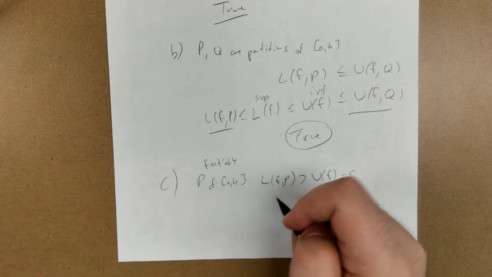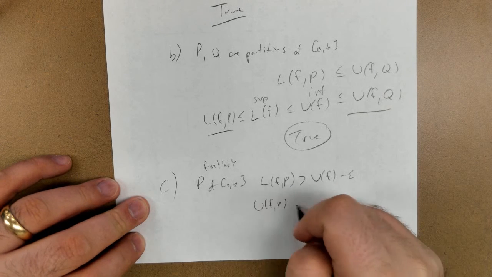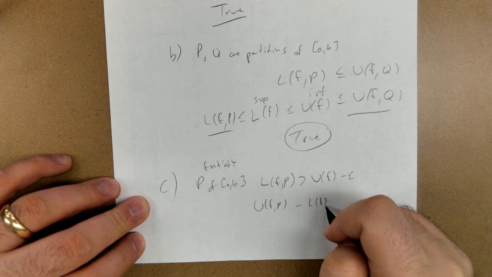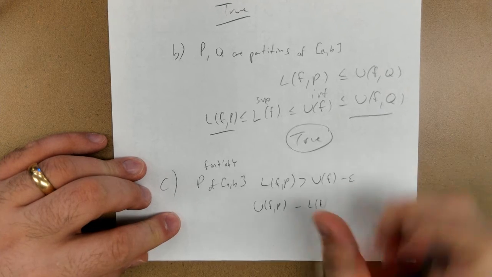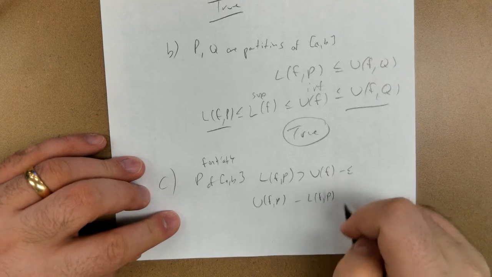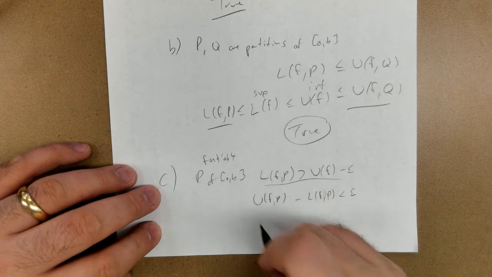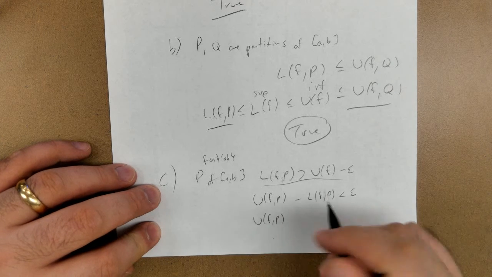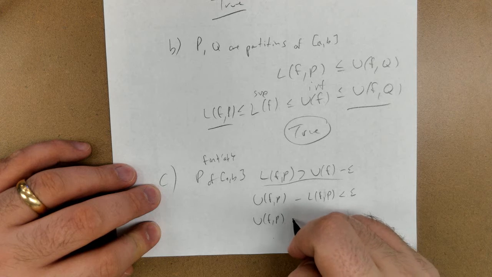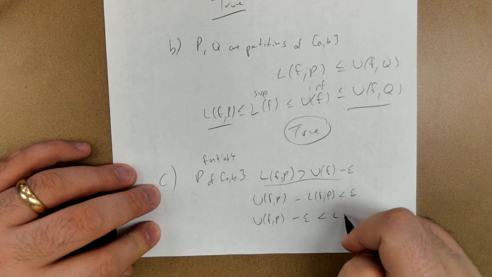And it says that U(f,P) minus L(f,P), that difference is going to be less than epsilon. So let's rearrange to match this problem by moving epsilon over here, and L(f,P) over here.